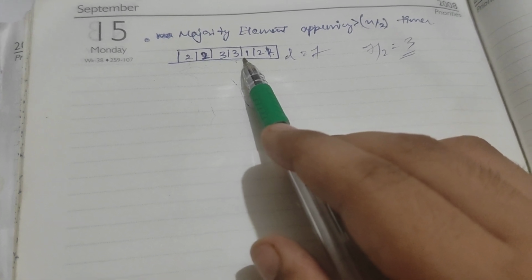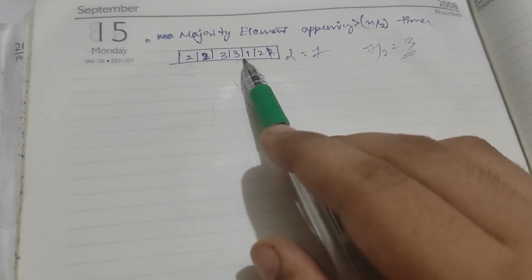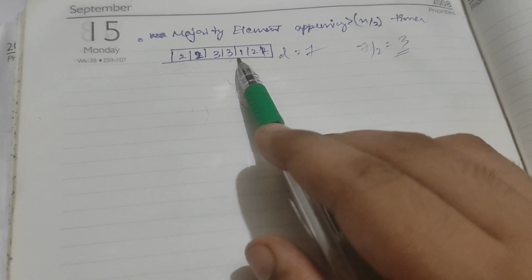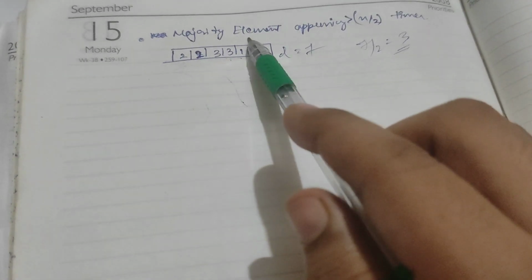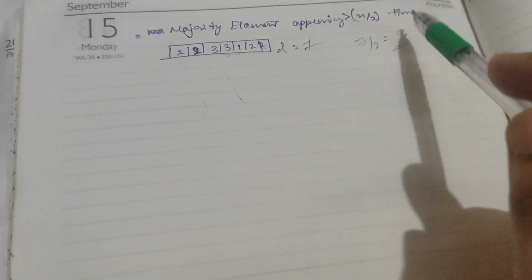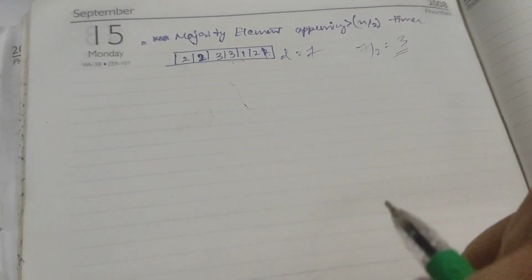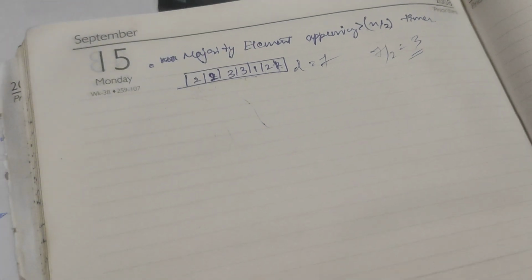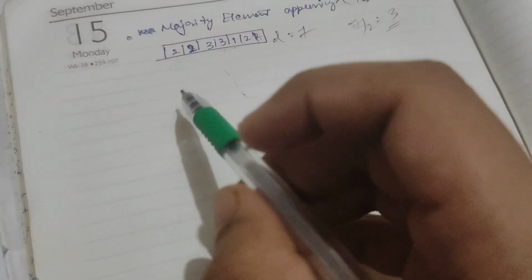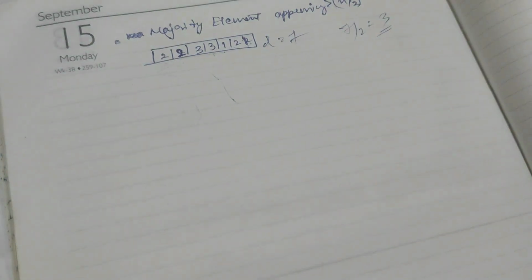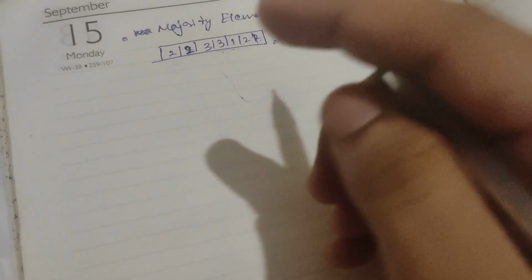We will use an algorithm known as Moore's voting algorithm, which is mostly used for questions like majority element, greater than n by 2, n by 3, n by 4. So how will we solve it? The first solution is the simple brute force way. We will use 2 pointers and nested for loops.